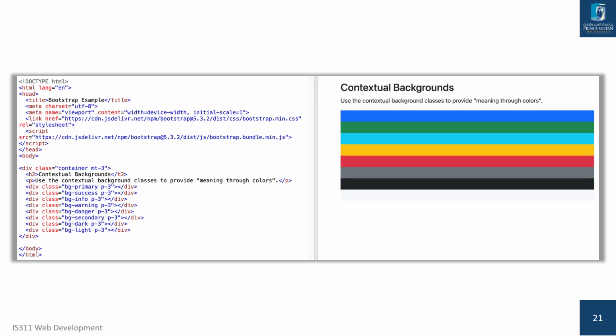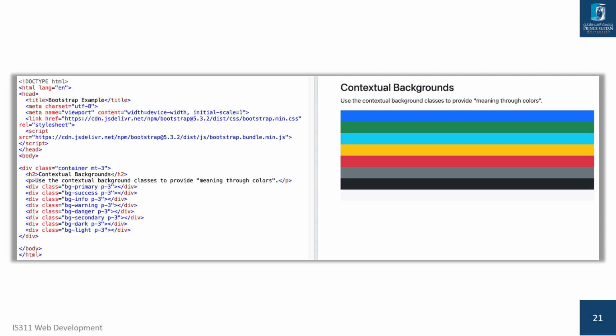And then we also have the background colors. Similarly, bg-primary, bg-success, bg-info, bg-warning, bg-danger, bg-secondary, dark, light. So you can see all these colors. Again, the background colors they have specified over there. But it is not necessary that you always use these.